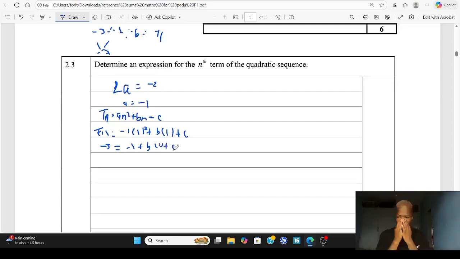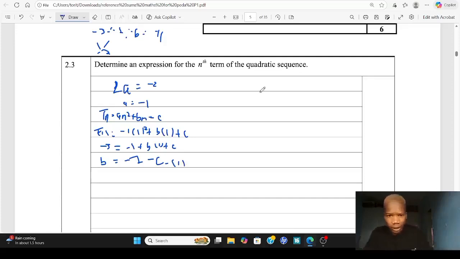If we transpose, b is equal to negative 3 plus 1, which gives us minus 2 minus c. That is our equation 1.